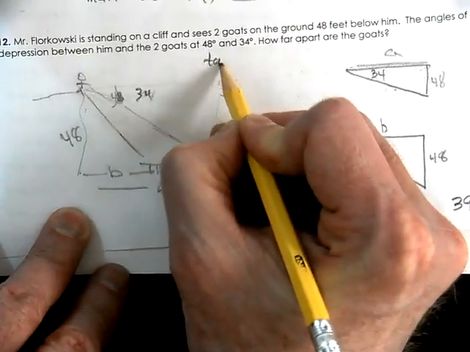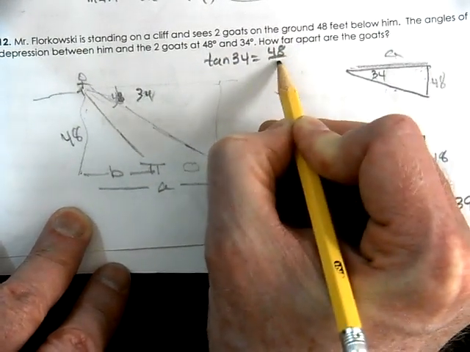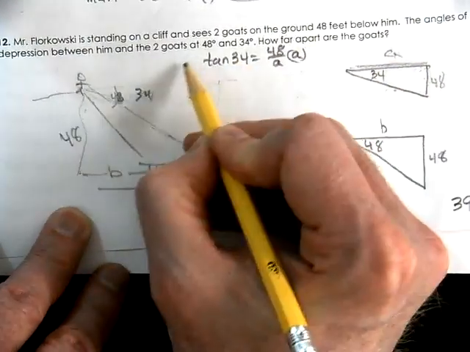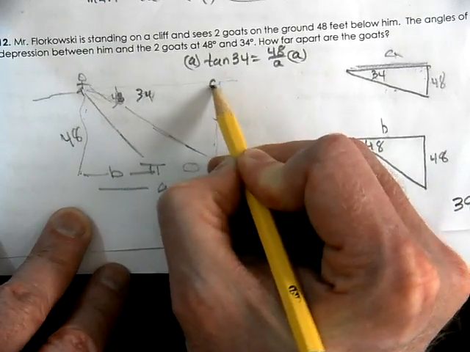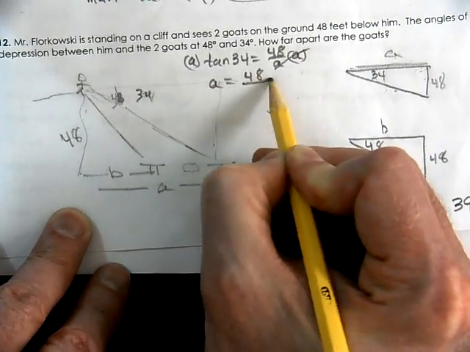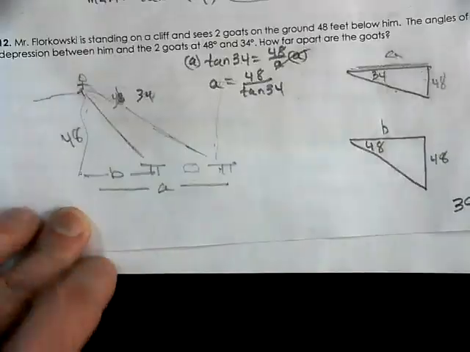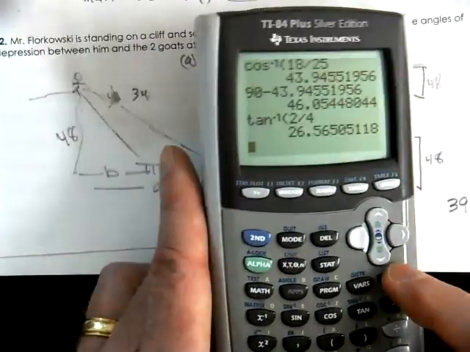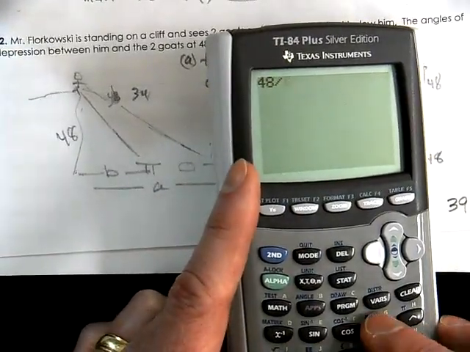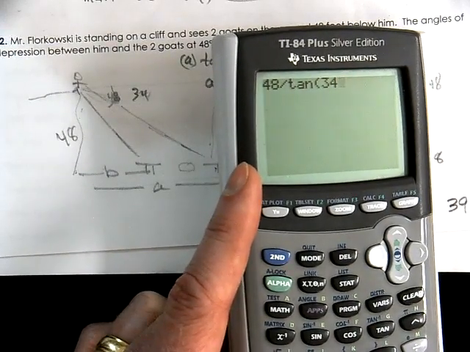So again, that's tangent of the angle equals the opposite over the adjacent, we'll call it A, multiplied by the denominator, divide by the tangent of 34. You need to know how to type that in your calculator. 48 divided by the tangent of 34.